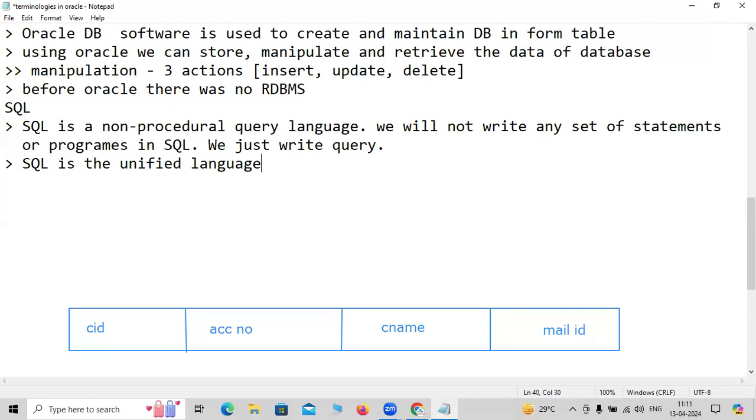In all these three, we have a common SQL command. So SQL is a language that is unified. SQL provides us commands.